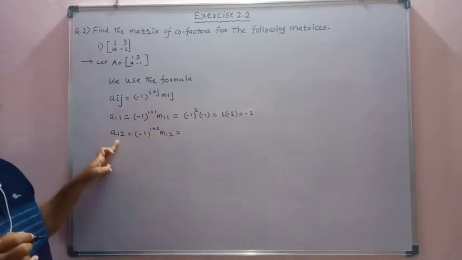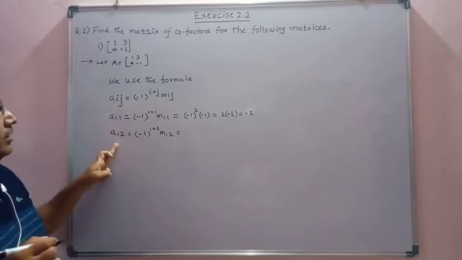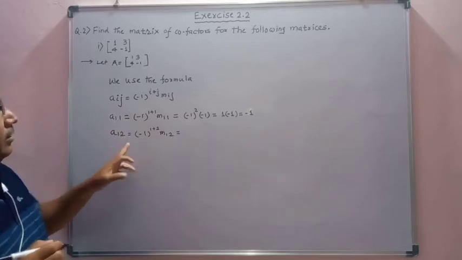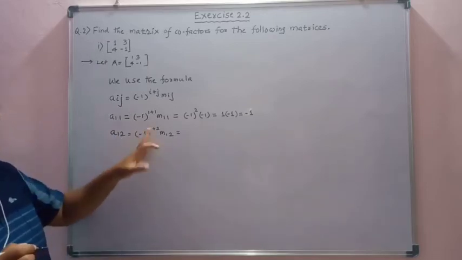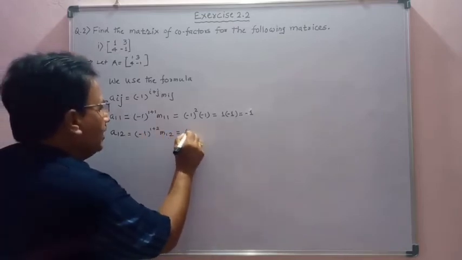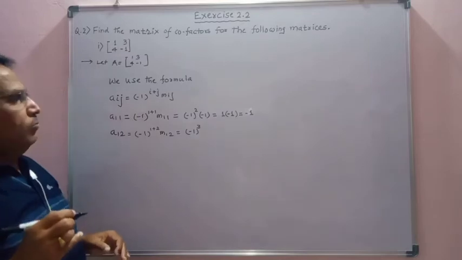Minus 1 raised to 1 plus 2 into M12. Minus 1 raised to 1 plus 2 is 3, into M12.